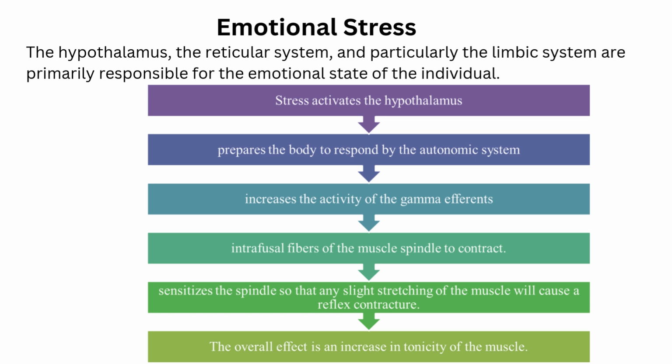So what happens, even a slight stretching of these muscles will result in reflex contractures. Okay, and it will also result in pain. If you try to open your mouth and the muscle is contracted, you'll feel pain in the muscle. Okay, so it overall increases tonicity of these muscles.